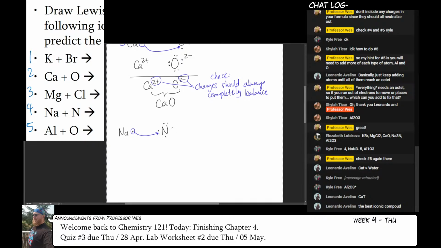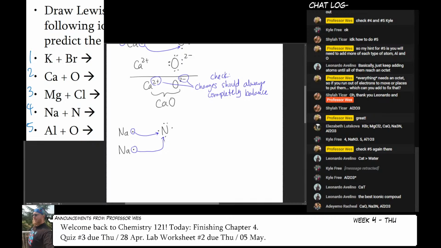It does not have an octet yet, so I need to have another sodium come into play. And it can go right there. And then I need still another sodium, because I only have 7 electrons here, so I need a third one here. And so this one will go over here. All right, now everything has an octet.